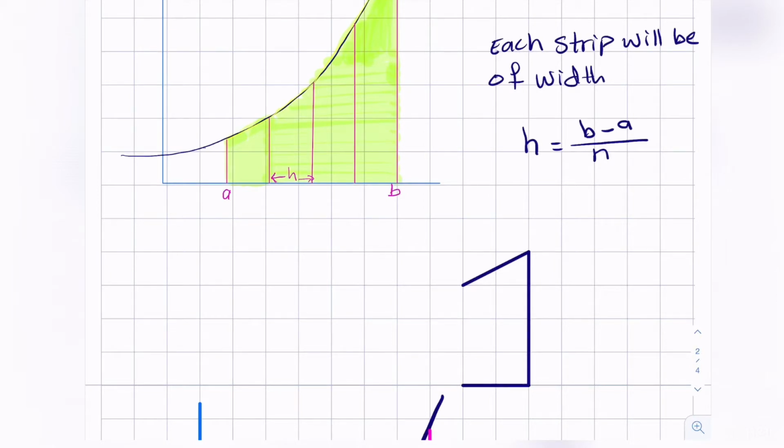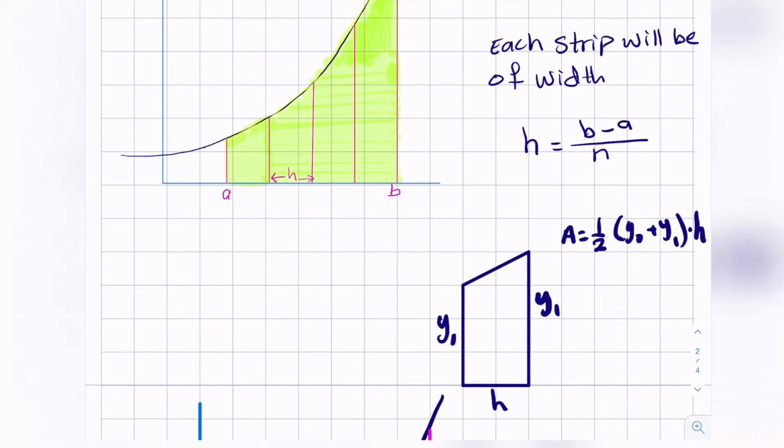This is y1, this is y0, and this is h, which is the width. Then the area equals 1/2 y0 plus y1 multiplied by h.